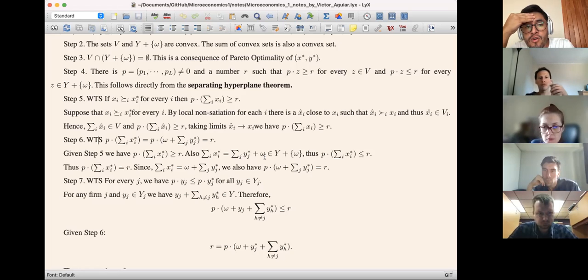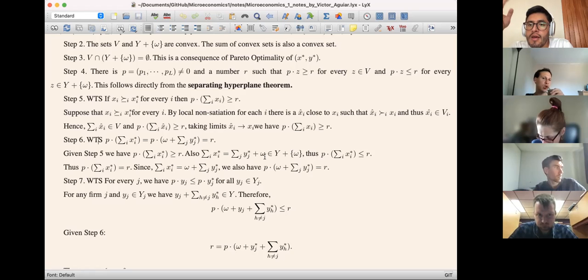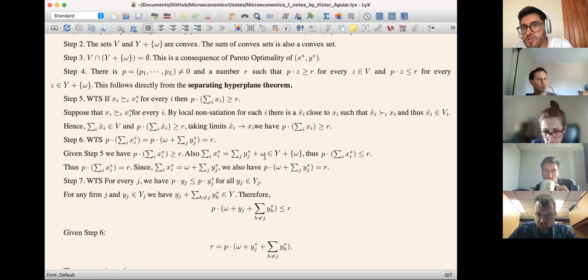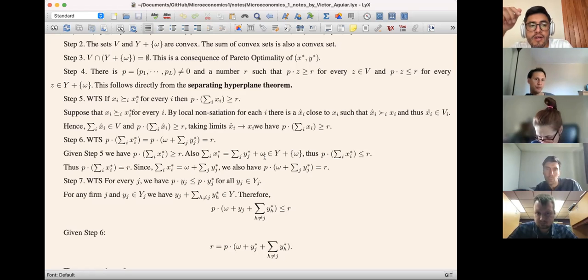And now I know also that this belongs to the feasible set, so Y plus omega. That means that because it belongs to the second set, Y plus omega, by the previous steps, this has to be such that p times the summation of xi has to be less than or equal to R. So putting the two inequalities together, it has to be that this is equal to R, okay?